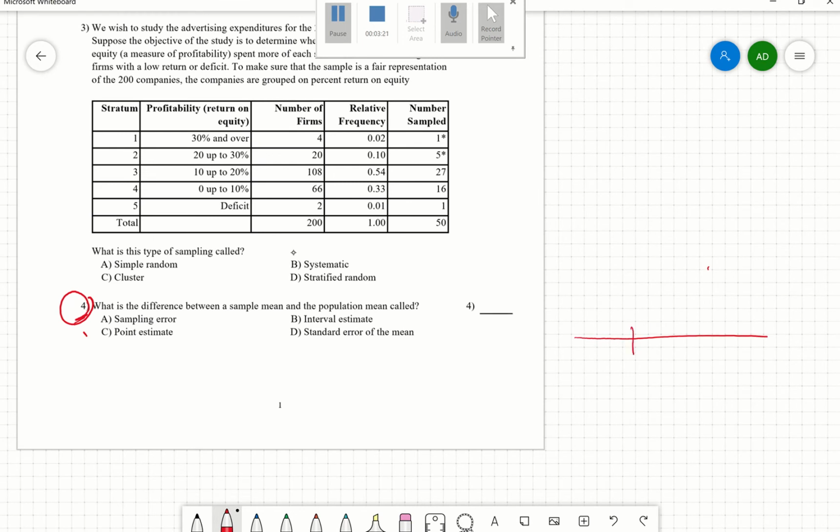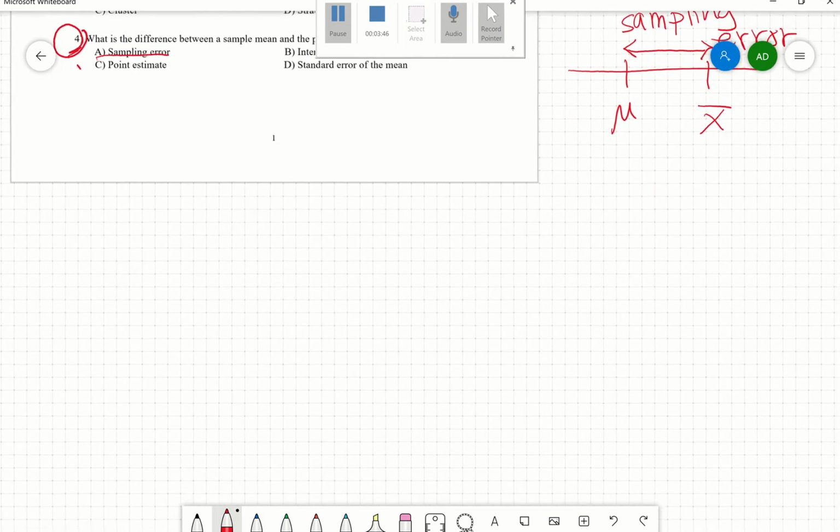Remember, you have the actual value and the calculated value. The difference between the two is called the sampling error, the error due to sampling. That's number 4.